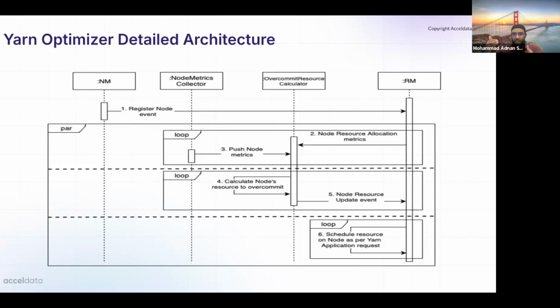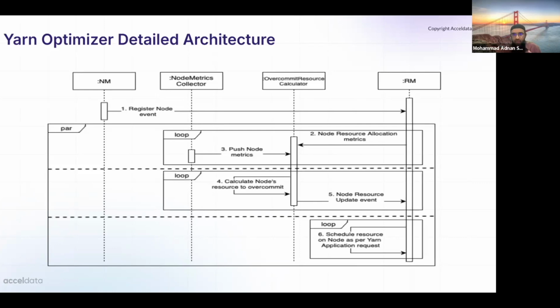And now that your RM has more memory, let us say at the entire RM level, before introducing YARN Optimizer, it is 100 GB. Now with all these steps, at the 6th step, it will say, okay, I have an overcommit memory of maybe 10%. So in that case, now in your RM, you will at least see 110 GB there. All right.